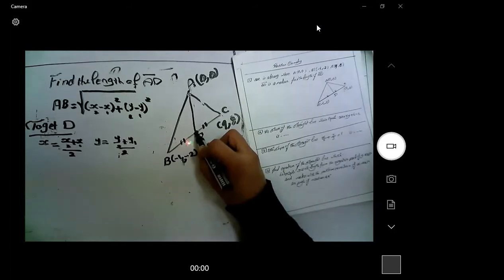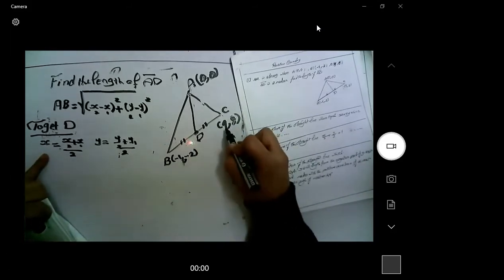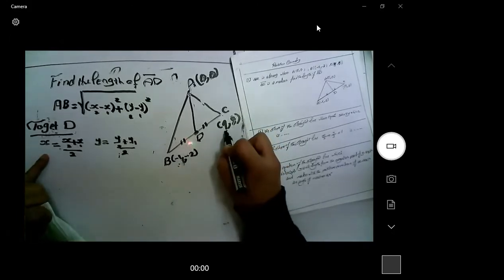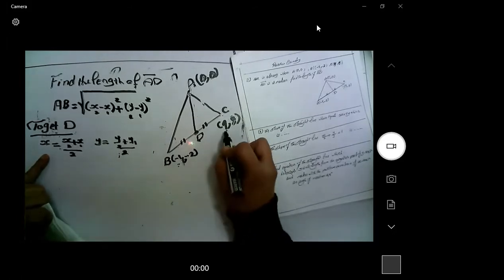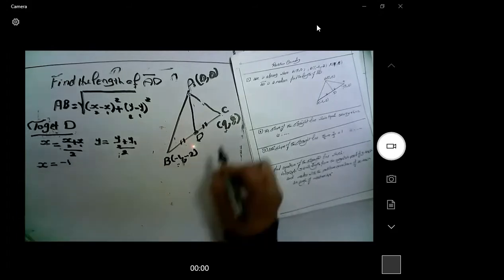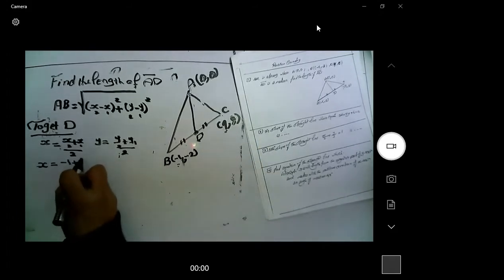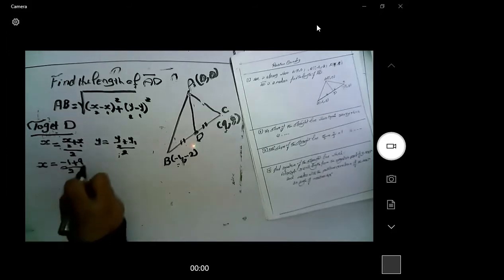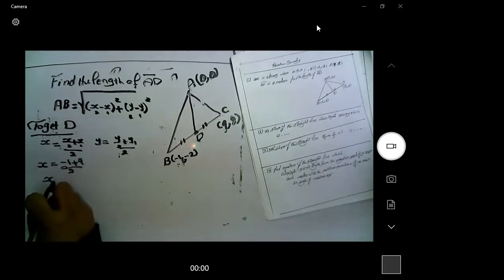To get the point D, x equals x2 plus x1 or x1 plus x2, it doesn't make any difference. x equals (-1 plus 9) over 2, then the x coordinate of the point D equals 4.